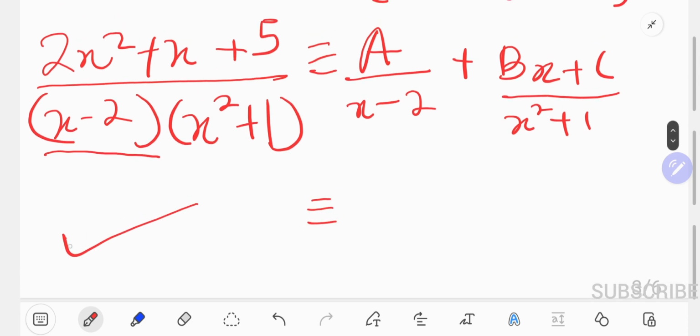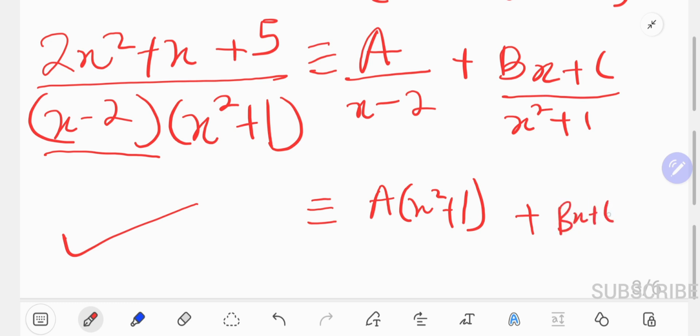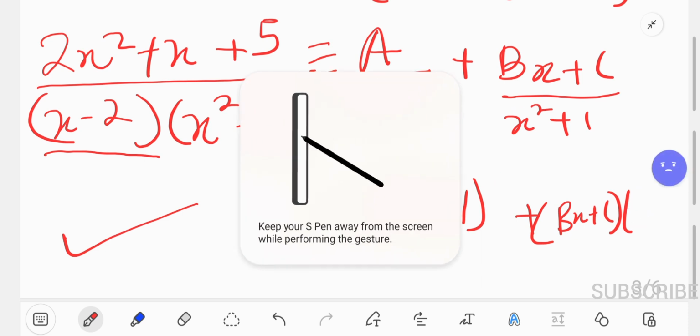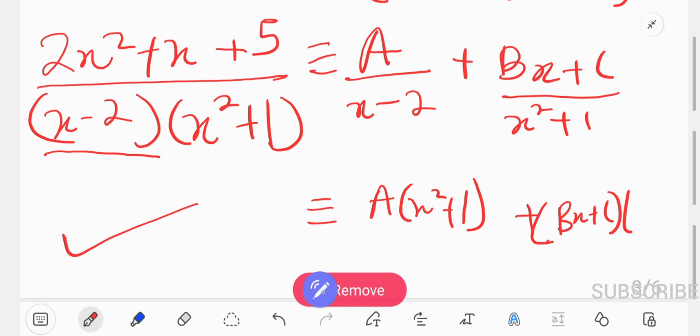So we are maintaining the same thing. Please don't use this in an official work. I just want to illustrate that we are still maintaining what is already here. So this will be equal to, so we get a times x squared plus 1, then bx plus c times x minus 2.